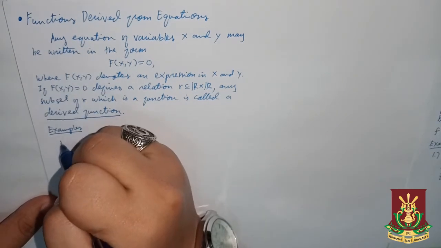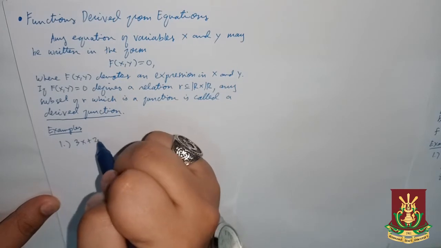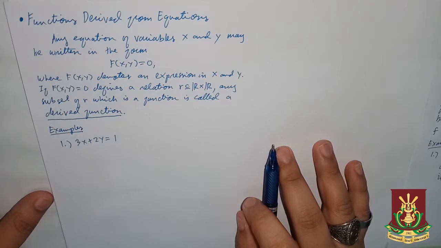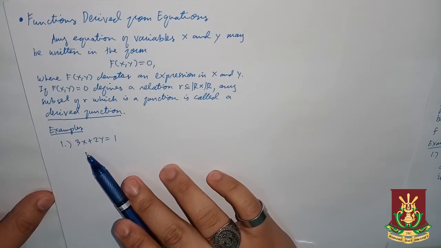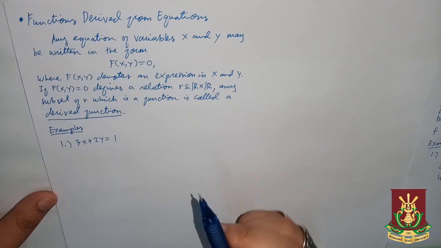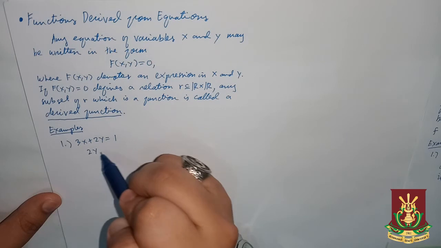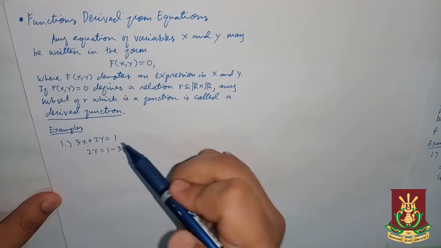First, we have the equation 3x plus 2y equals 1. What we are going to do is to solve for y in terms of x. Notice that this equation can be written as 2y equals 1 minus 3x.